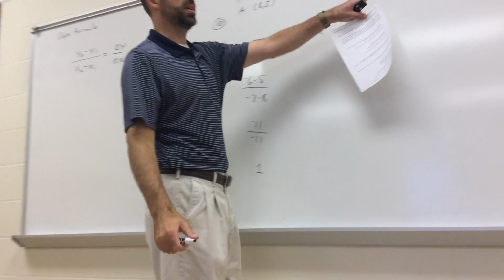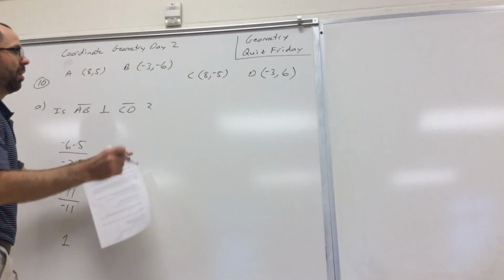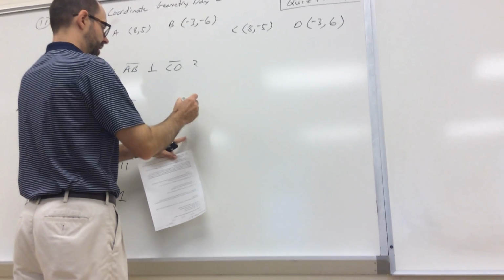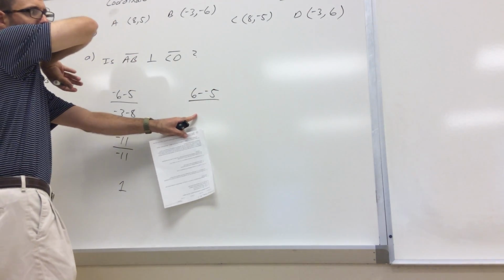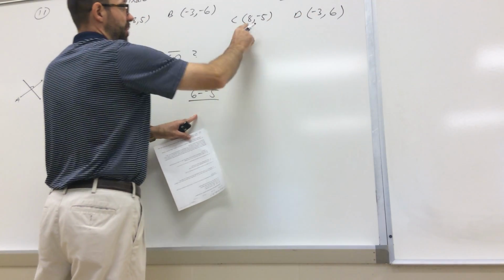Okay, now we're going to find the steepness from C to D. So 6 minus -5, excuse me, and -3 minus 8.